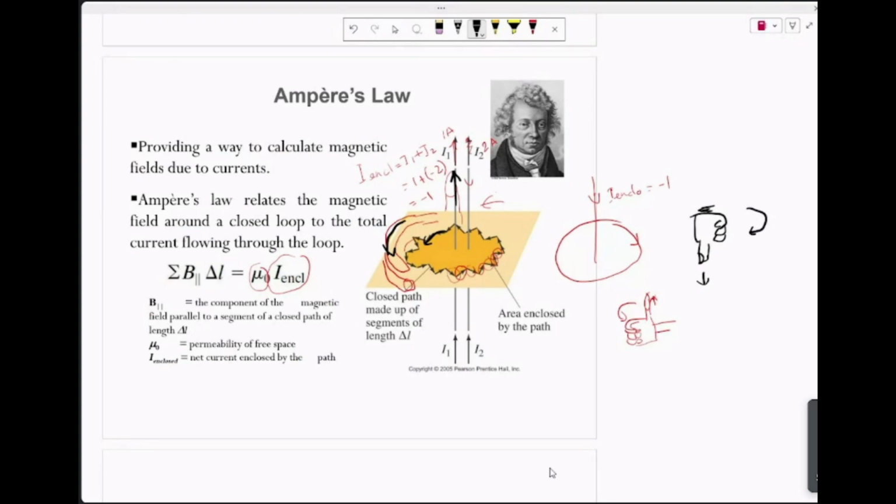Or you can also use the thumb the other way around, in a way that the thumb points to the magnetic field. If you look at here, the thumb is pointing at the magnetic field, and then if you try to make it in such a way you can see the thumb there.